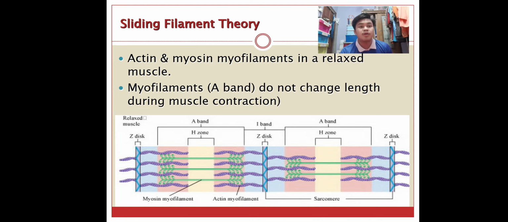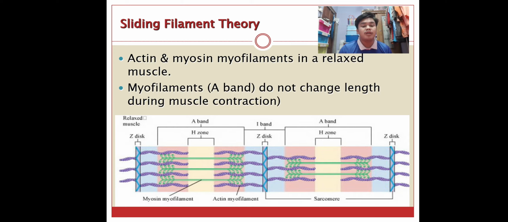Okay, from the slide we can see the actin and myosin myofilaments in a relaxed muscle. The myofilaments in the A band do not change length during muscle contraction. So in this picture you can see the structure in a relaxed position. It means the person does not do any movements.